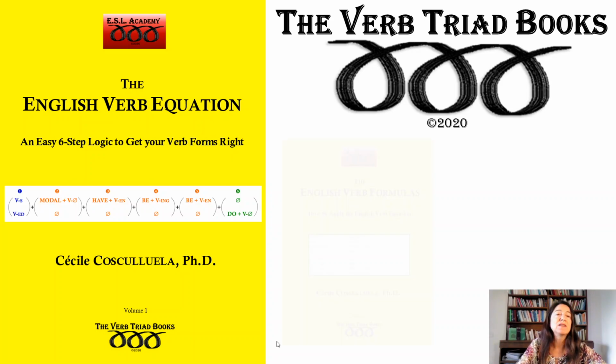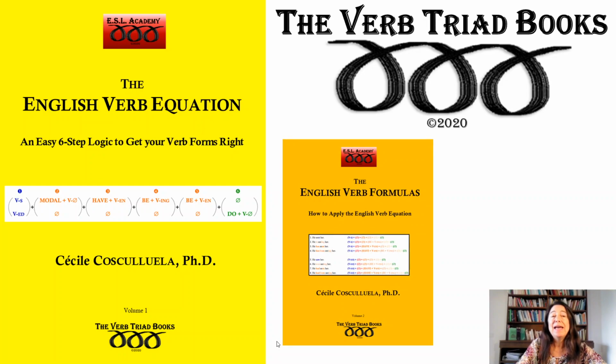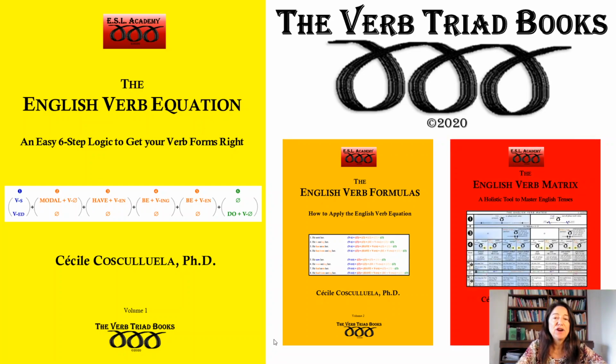So the first one is on the verb equation. And how to use the verb equation? Well, that is thanks to the verb formulas, which are the topic of the second book of this triad. And then that leads on to the third book, which is about the English verb matrix, a one-page synoptic overview of the system of tenses in English.